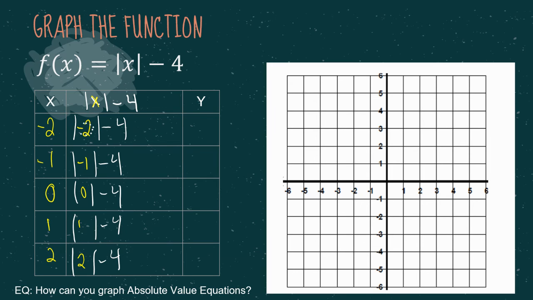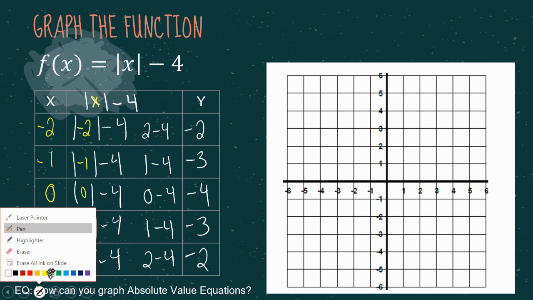The absolute value of -2 is 2. 2 minus 4 is -2. Absolute value of -1 is 1. 1 minus 4 is -3. Absolute value of 0 is 0 minus 4 is -4. Absolute value of 1 is 1 minus 4 is -3, and so on and so forth.